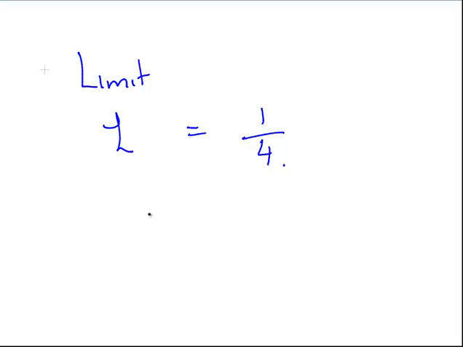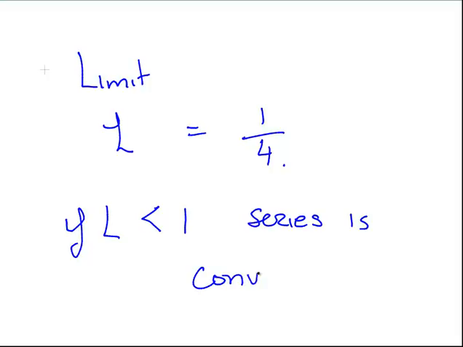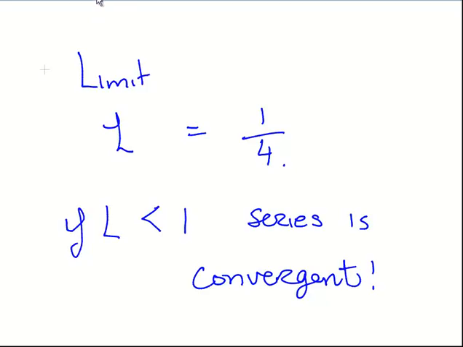If L is less than 1, the series is convergent. Great. Just as a remark, that's the answer. It is convergent. L is 1/4, and we know how to interpret that: L is less than 1, so it's convergent.